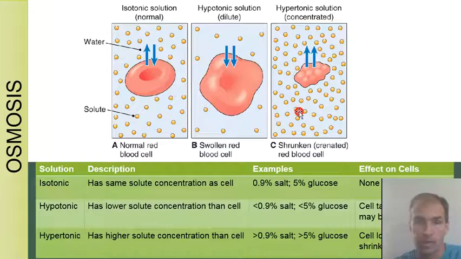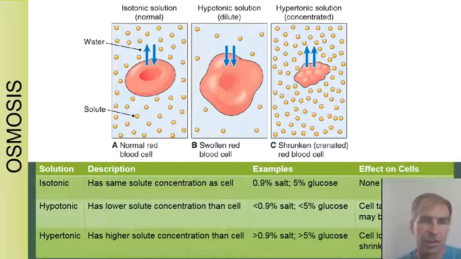The opposite would be if there's too much solute on the outside of the cell membrane. We now have water leaving down this concentration gradient, and now the cell will shrink. Crenated is the term we use. And both of these conditions can obviously be issues for red blood cells, as far as their movement through blood vessels. Here, if they shrink, just simply their ability to function.